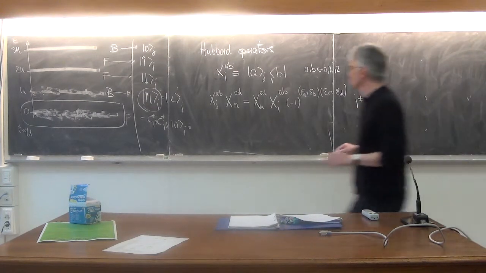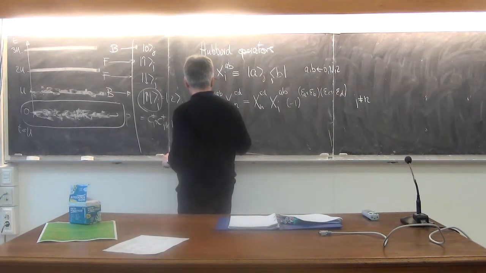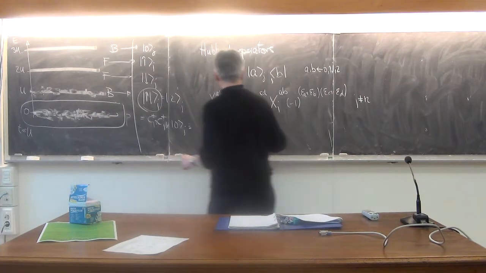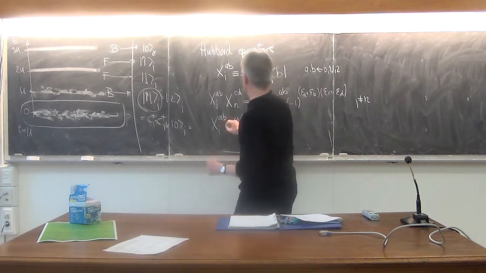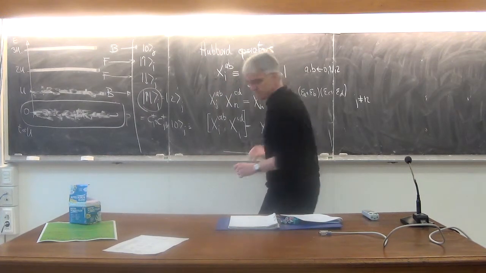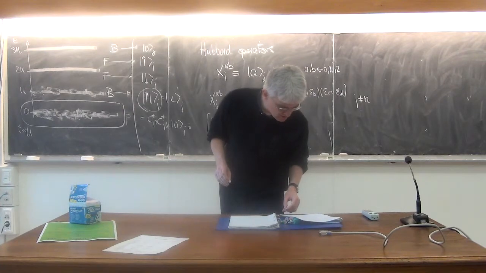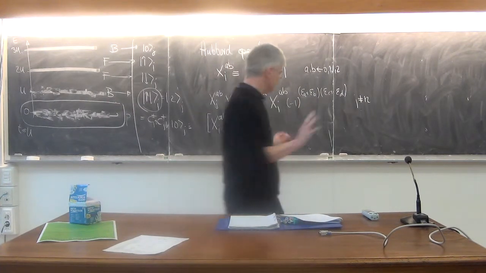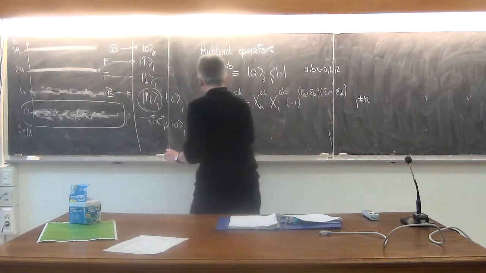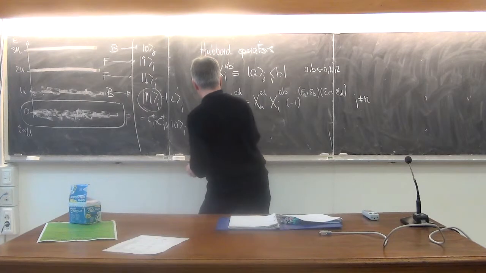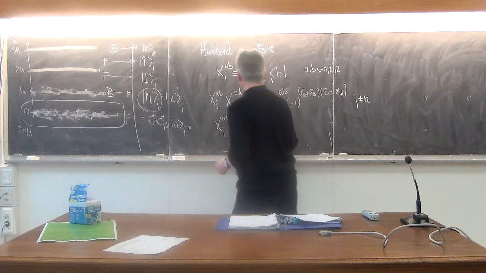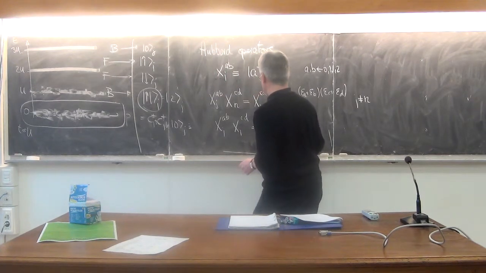Yeah, that's all. And the algebra I was talking about now happens on the same site, so X_j^{AB} X_j^{CD} is simply something like delta_{BC} X_j^{AD}.